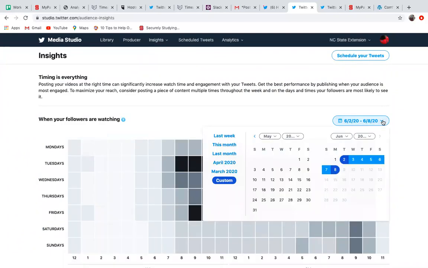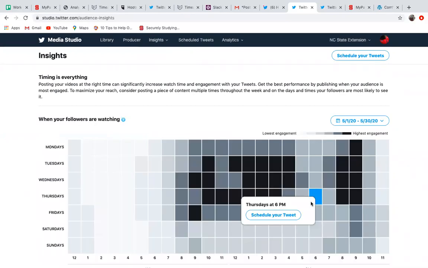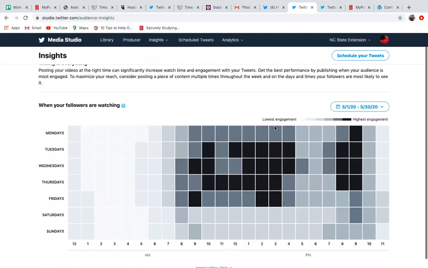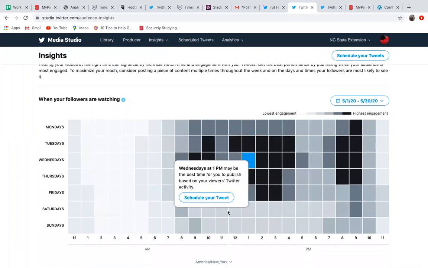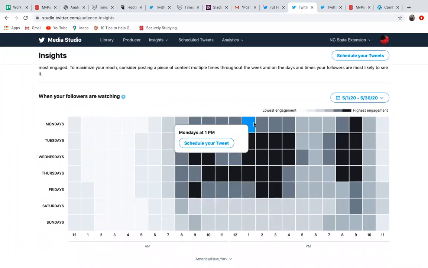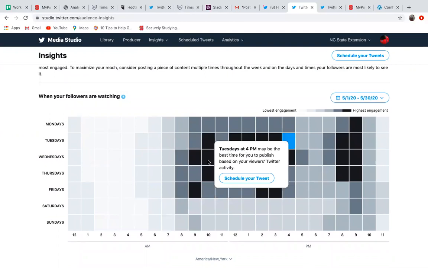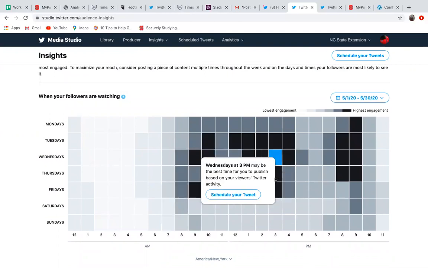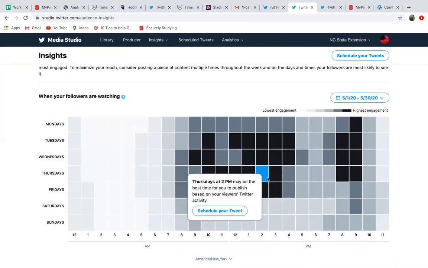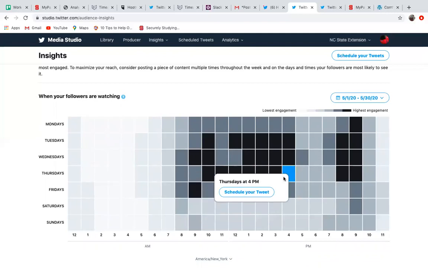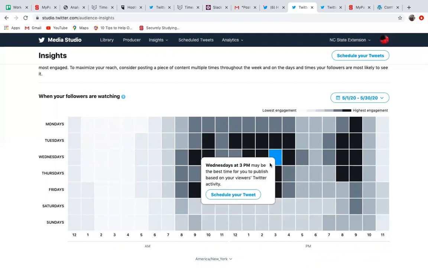You can say I want to see when my followers were online for the month of May. You can click into that, and then it'll tell me on average, based on the dark areas right here, when my followers were online the most. So what I like to do is schedule out my tweets during these times of high traffic on Twitter.